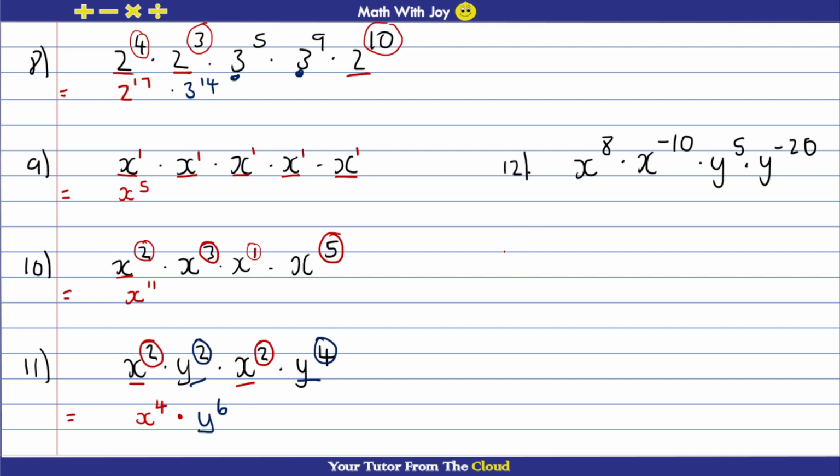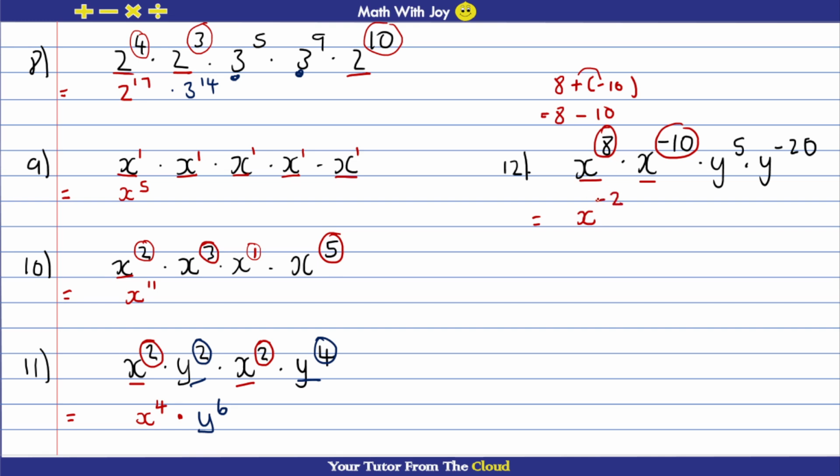And then over here, we have x. These x's are multiplying each other. I just have to add these exponents. So I'm adding 8 plus the negative 10. 8 plus the negative 10 is going to be 8 minus 10, because a positive times a negative is a minus. And then 8 minus 10 will give us a base of x and an exponent of minus 2.